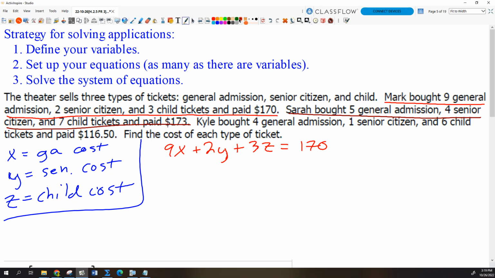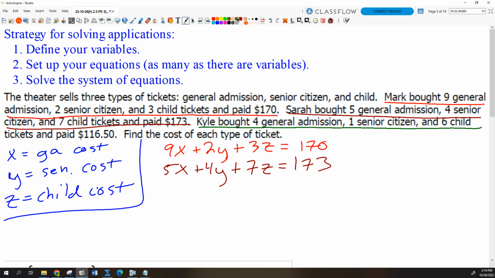Each of them gives us an equation, right? The next one would just be what? 5x plus 4y plus 7z equals 173. And then finally, the last one, 4x plus y plus 6z equals 116.50, right?